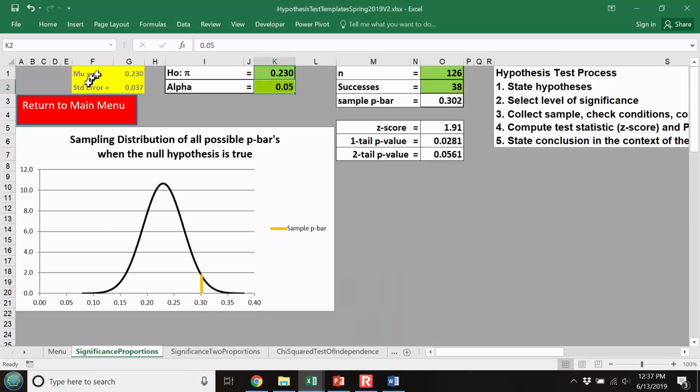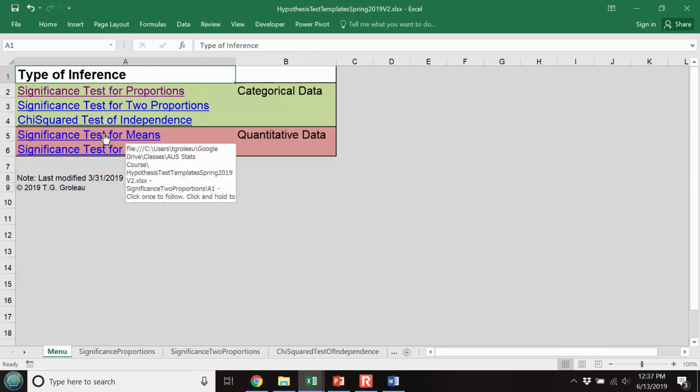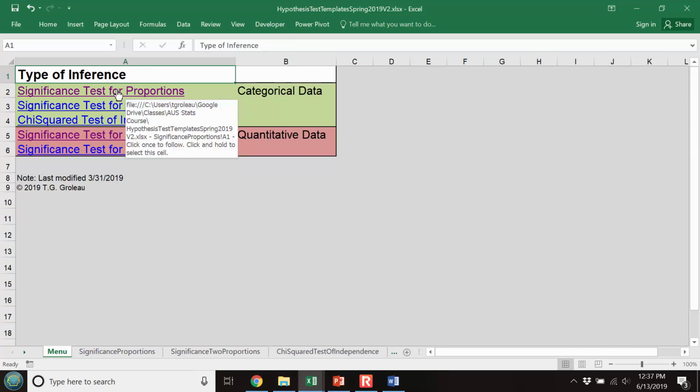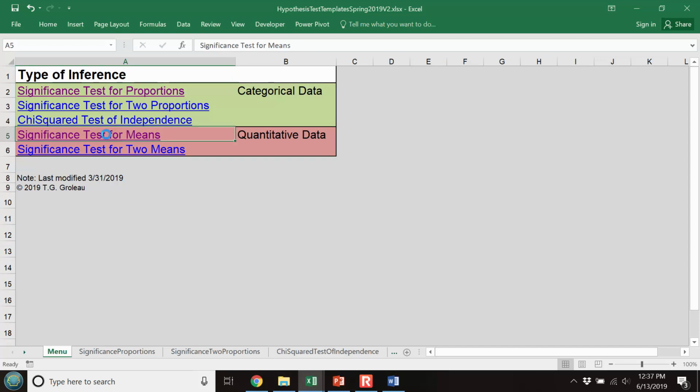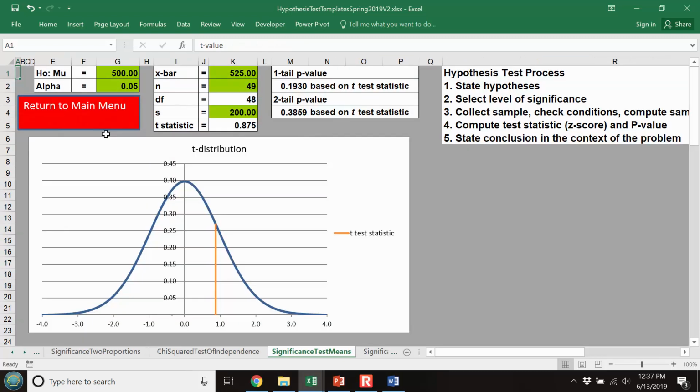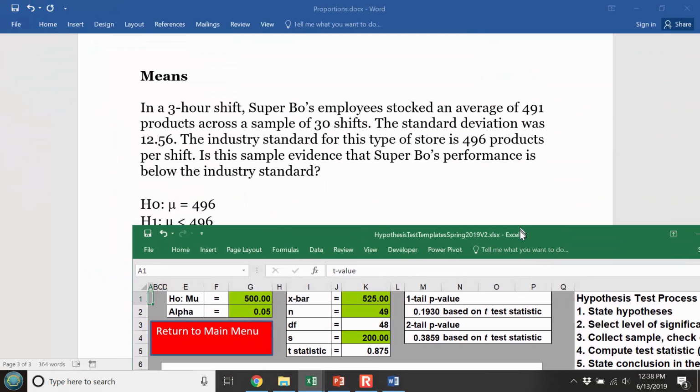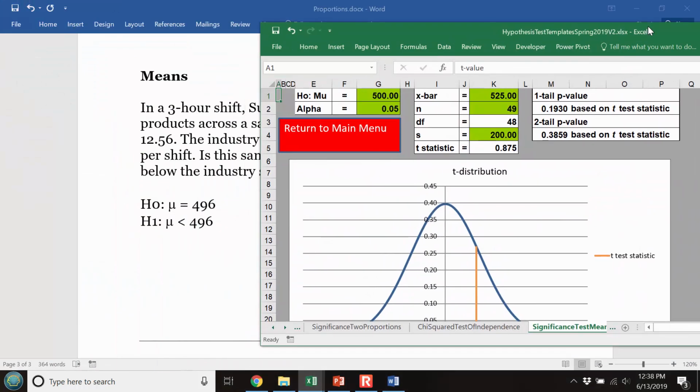Let's go back to our hypothesis template. Let's look at that menu. We're doing single sample testing for proportions and single sample testing for means. That's all we have going on here. So here's the setup. In this problem, mu is 496.